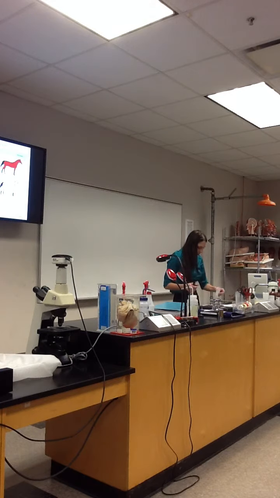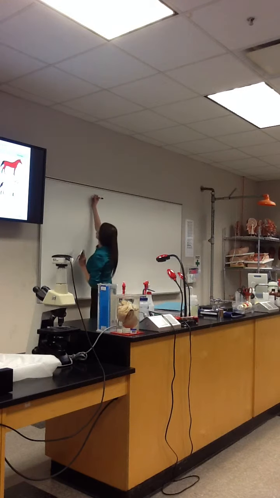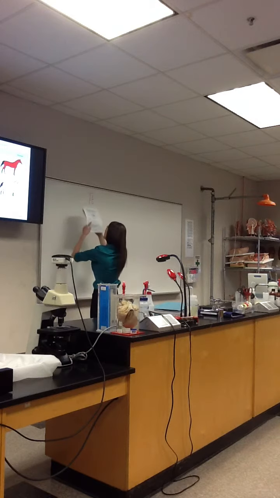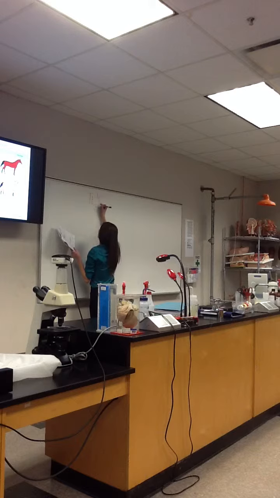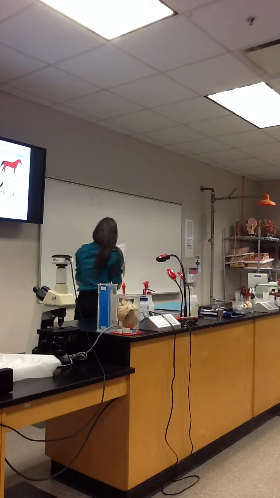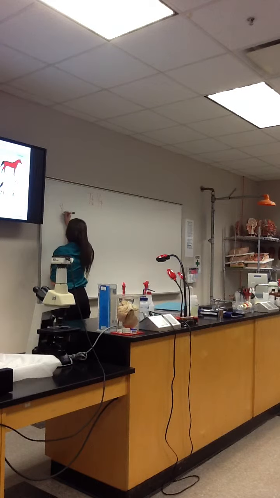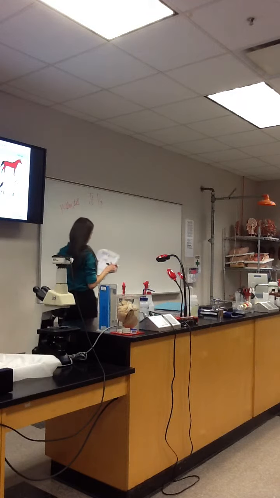So, if the first plant has a genotype that is big T, little t, and big Y, little y, this is representing yellow and tall, because yellow is dominant to green, tall is dominant to short.